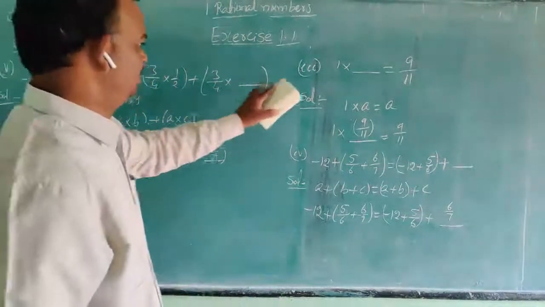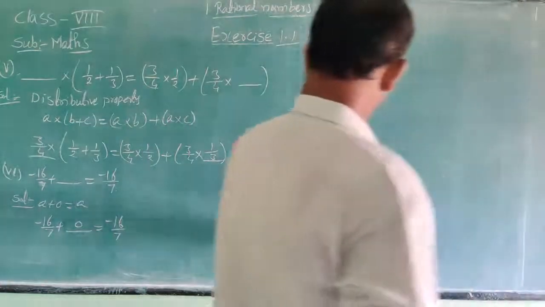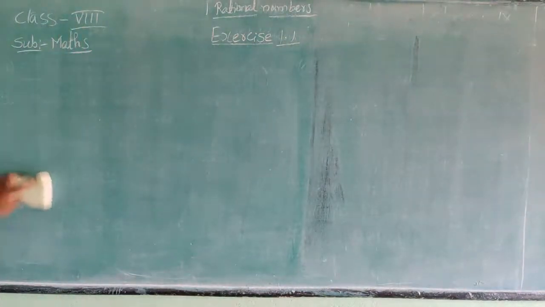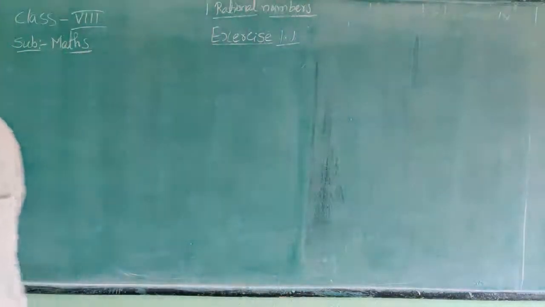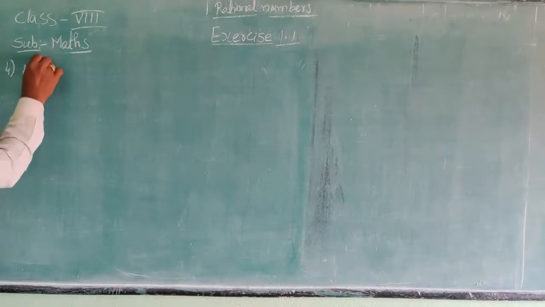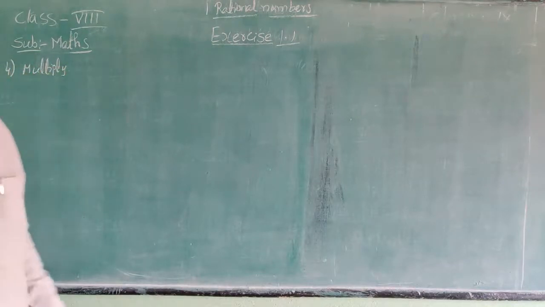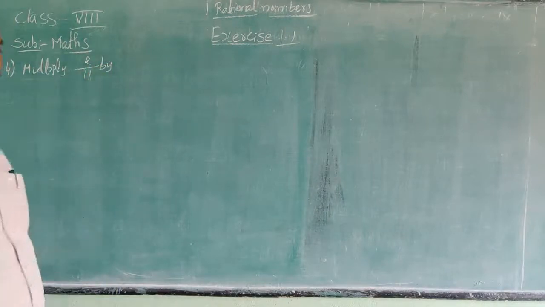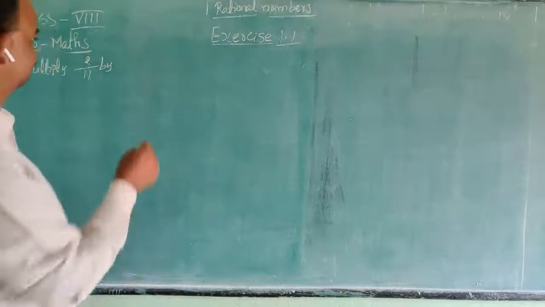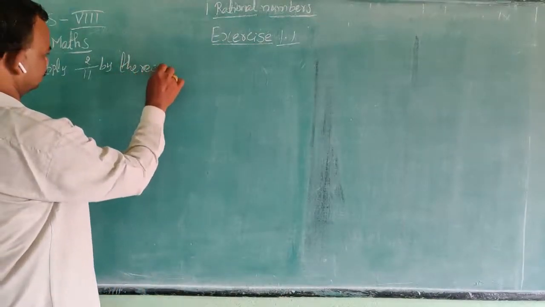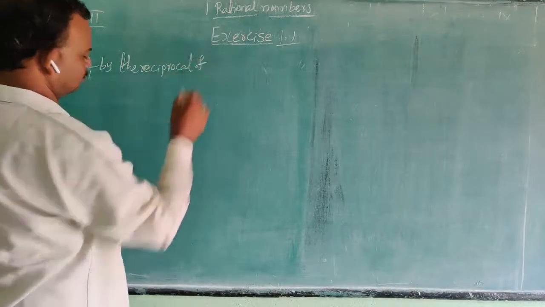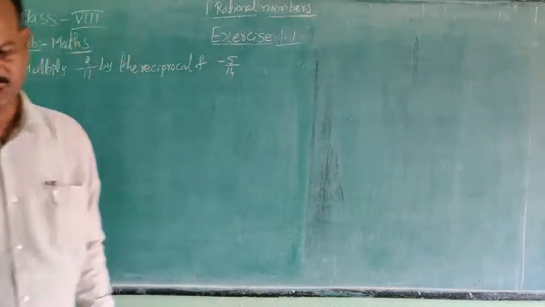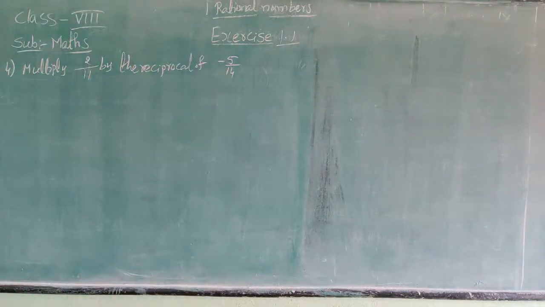And the fourth sum is 2 by 11 of the reciprocal of minus 5 by 14.